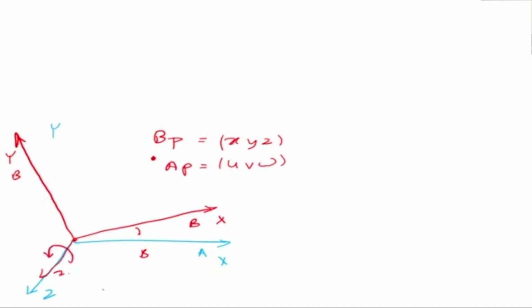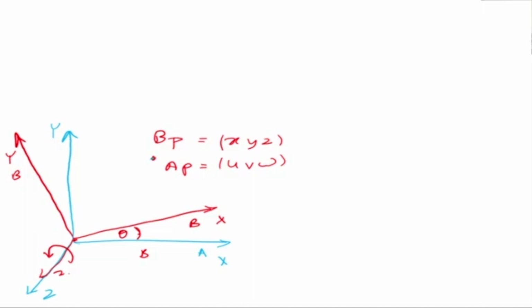Please note the origins are the same, and initially the two frames had no angle between them. Then frame B is rotated by an angle theta in the counterclockwise direction.